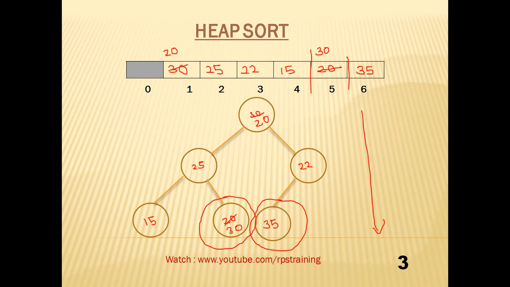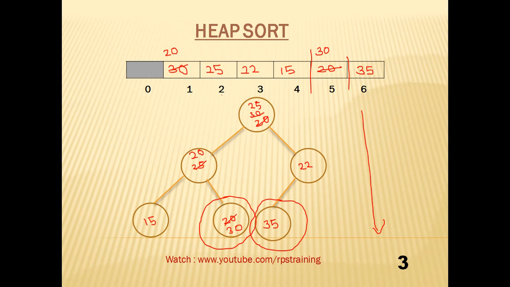20 contains two items, 25 and 22. 25 is greater, so interchange these. 25 and it will be 20. Okay, this is the eliminated item, so it will not be considered again. And 20 has one item here, 15, that is a lower item. It is correct.